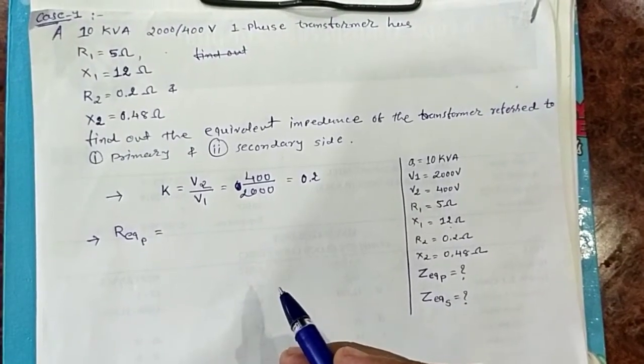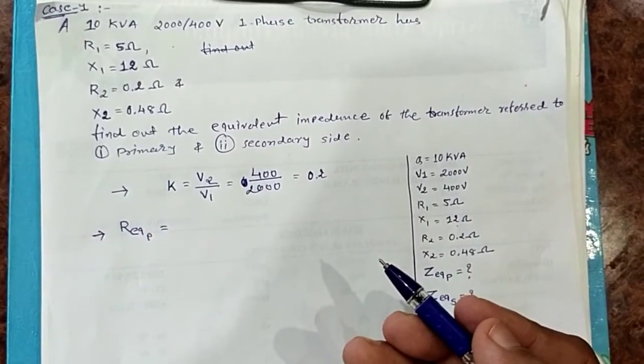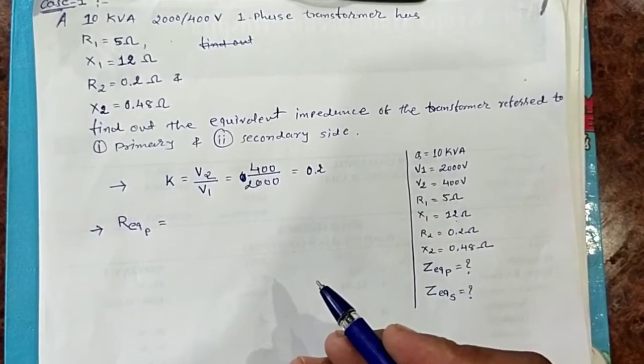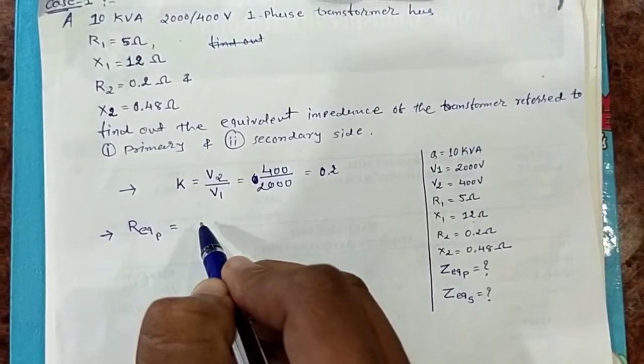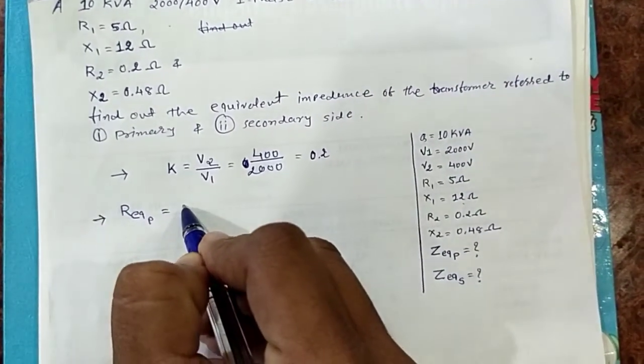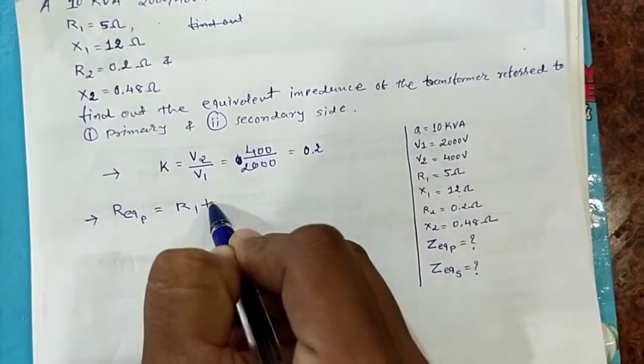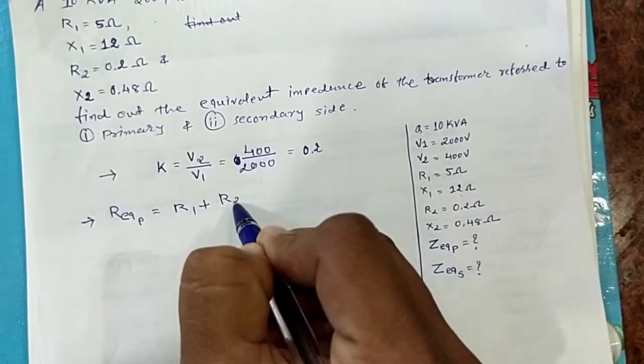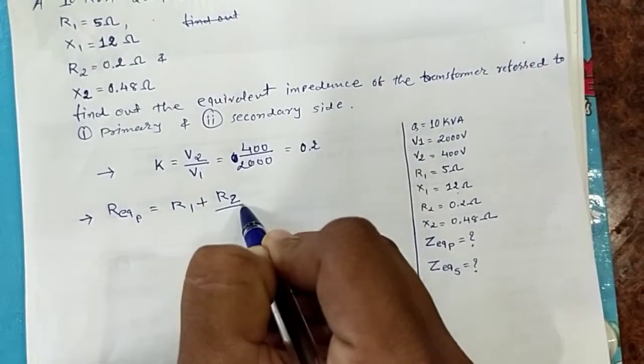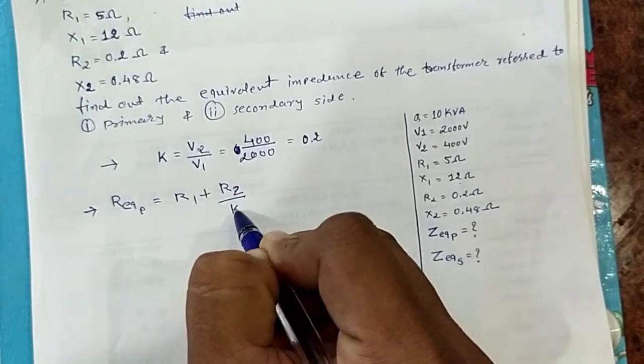Now we move further to find out the equivalent resistance of primary. The equation is R1 plus R2 divided by K square.